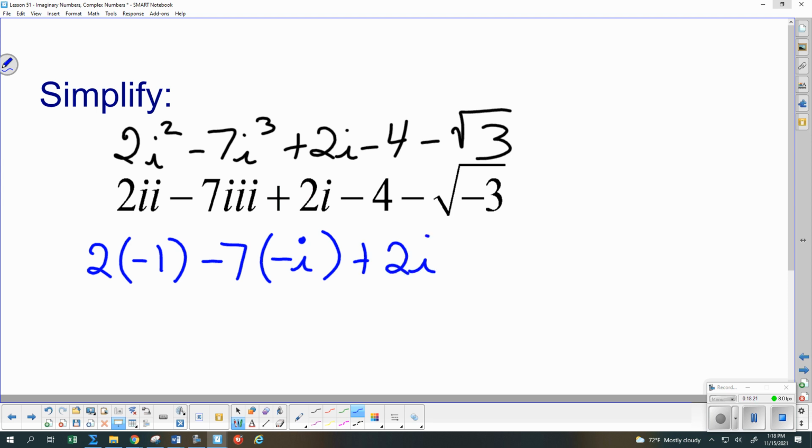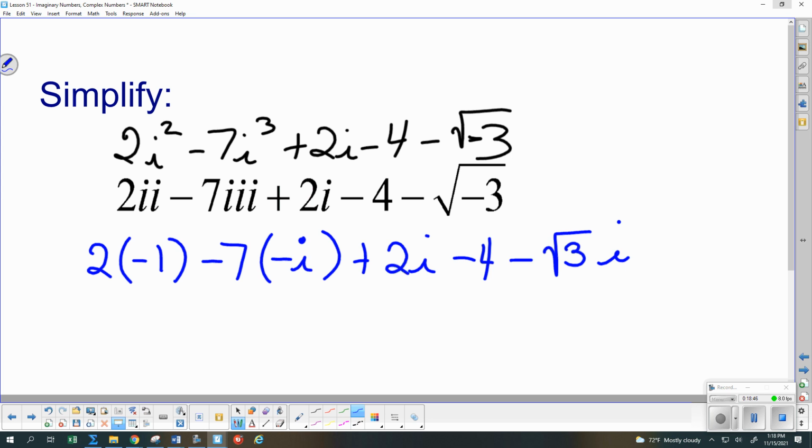We don't go back to a square root of -1. i is the most simplified. The -4 is just fine. Oops, I left out my minus sign on this one when I recopied that one. Minus the root of -3. That's when we're going to do minus, change it to a square root of 3 with an i.